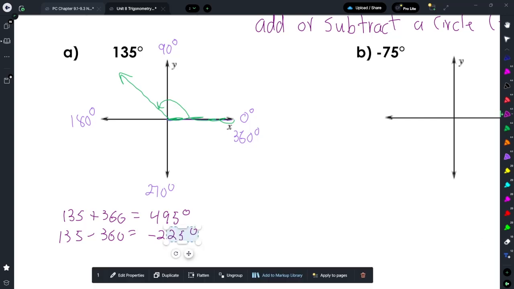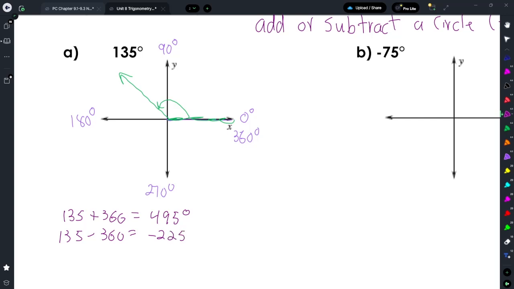So those three angles, 135, positive 495, and negative 225, all have the same terminal side in standard position. They start on the positive x-axis and they end in quadrant number 2. That's where the terminal side is.